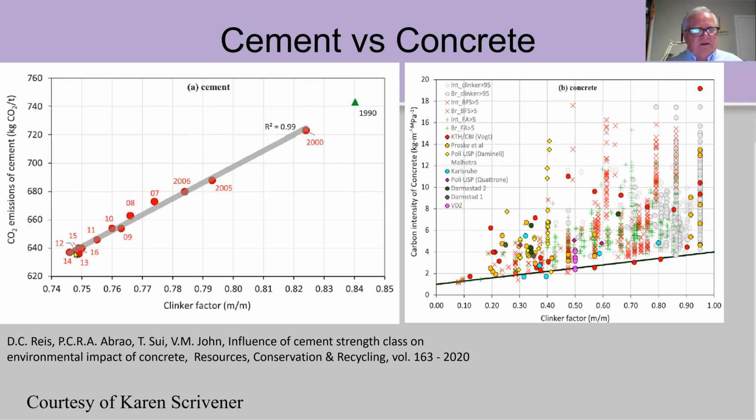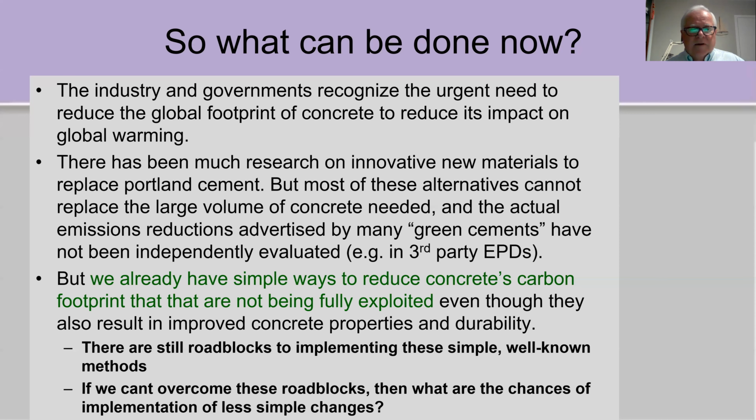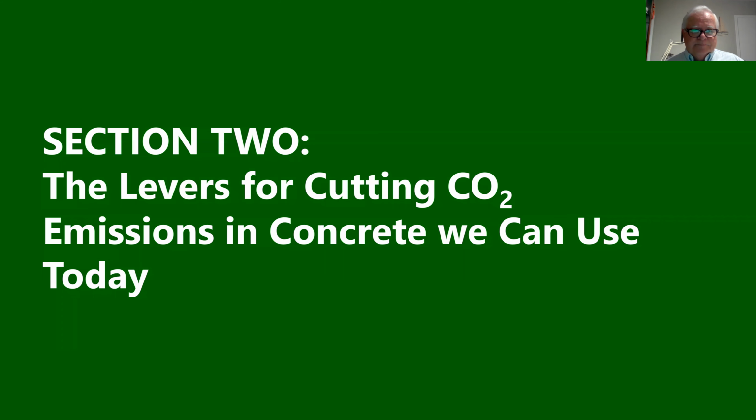That is the percent clinker of the total cement, and it shows the CO2 emissions associated with cement have gone down linearly with that reduction. But concrete, on the other hand, independent of the clinker factor, seems to be more highly carbon intensive than you could do by optimizing the mix. And that's all the data above that line. So what can we do?